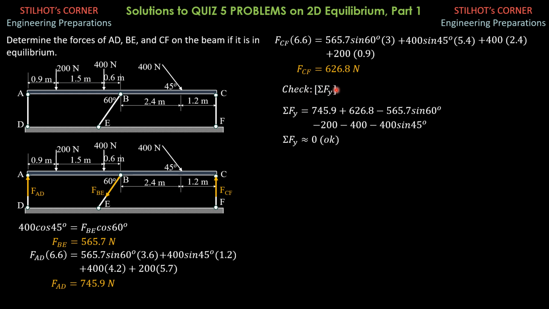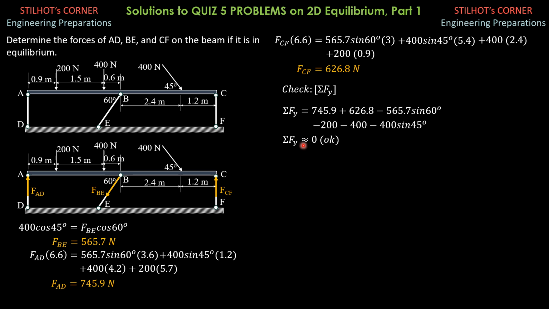Then you check your answer. Summation of forces y equals 0 should be 0 to validate these answers. FAD upward plus FCF 626.8 minus the vertical component of FBE, 565.7 sine 60, minus the 200 here, minus 400, minus the vertical component of 400, which is 400 sine 45.